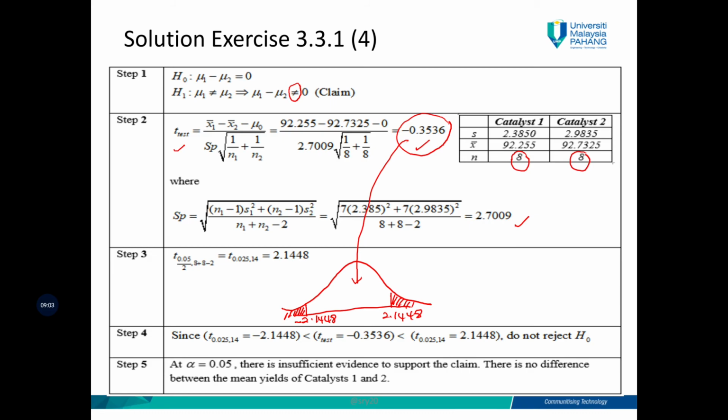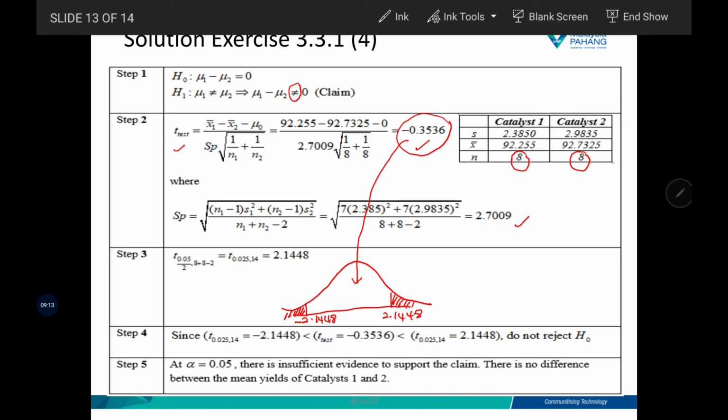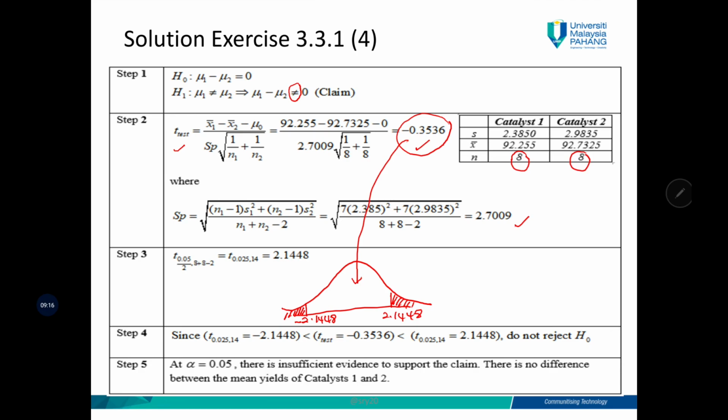Go to step 5 to make a conclusion for the claim. Since we do not reject H0, there is insufficient evidence to support the claim, because the claim is under H1.